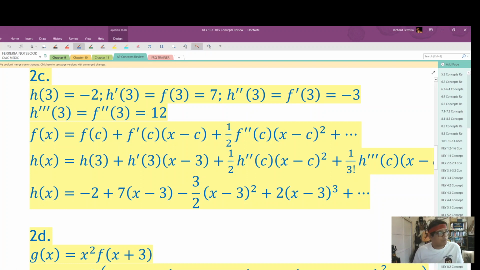Notice that h of 3 was negative 2, so we put a negative 2 down over here. h prime of 3 is 7, so that's where this 7 came from. h double prime is 3, so this is where the 3 comes over here. Notice that you have to divide it by 2 factorial. And then finally, h triple prime is 12, and 12 divided by 3 factorial is 2. So here's our answer for letter 2C.